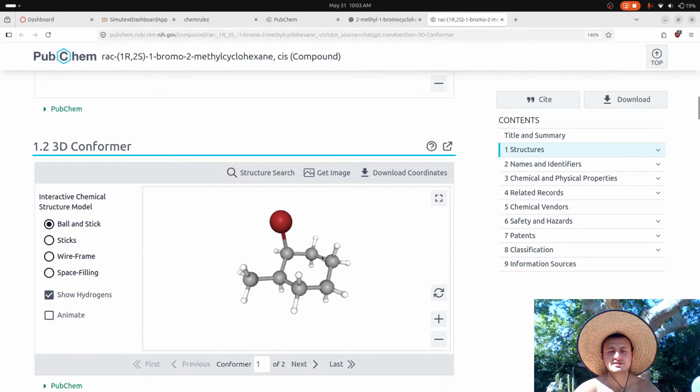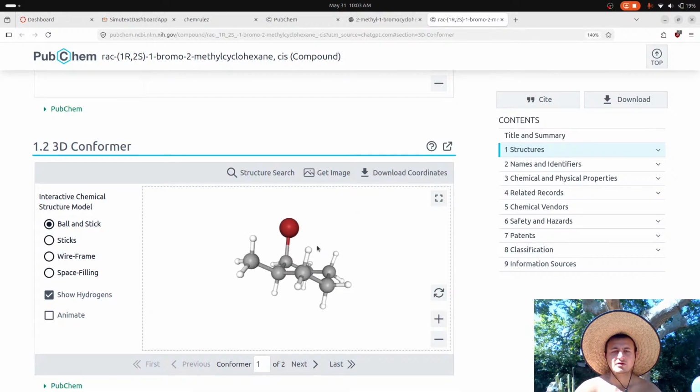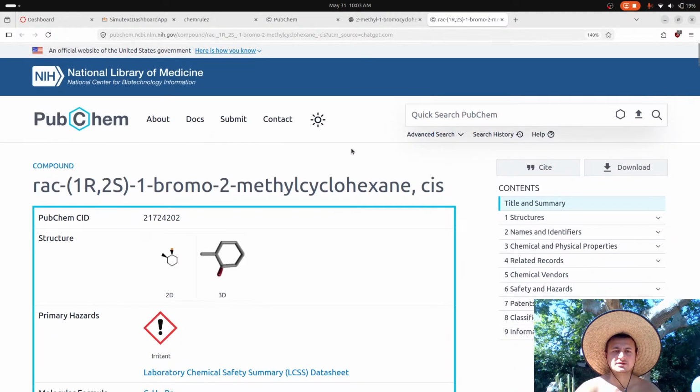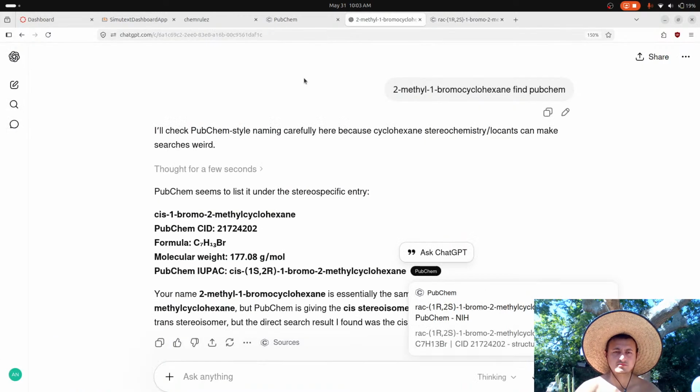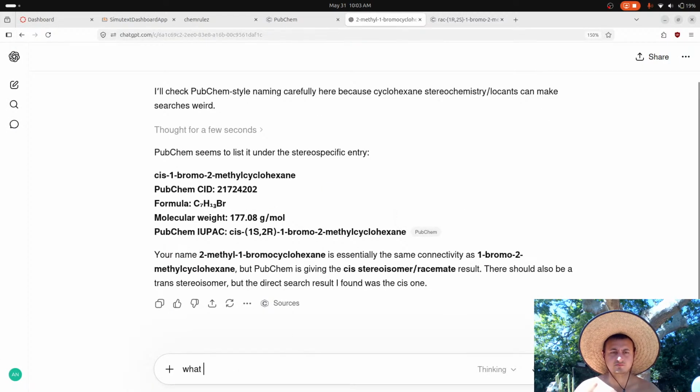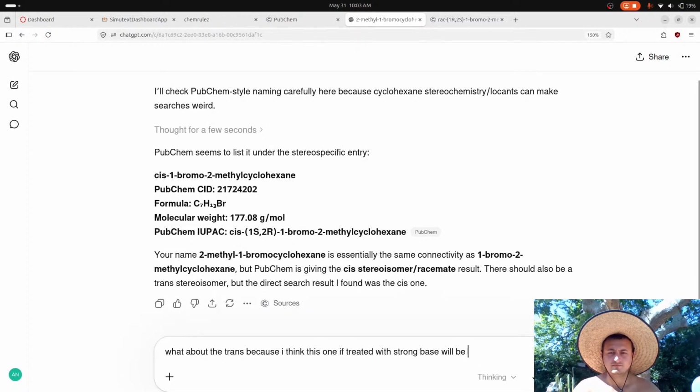Okay, so this is cis, but we actually want trans. We'll give the Zaitsev alkene.